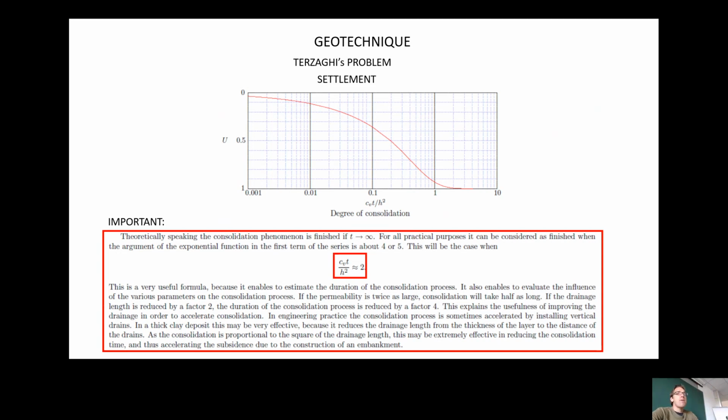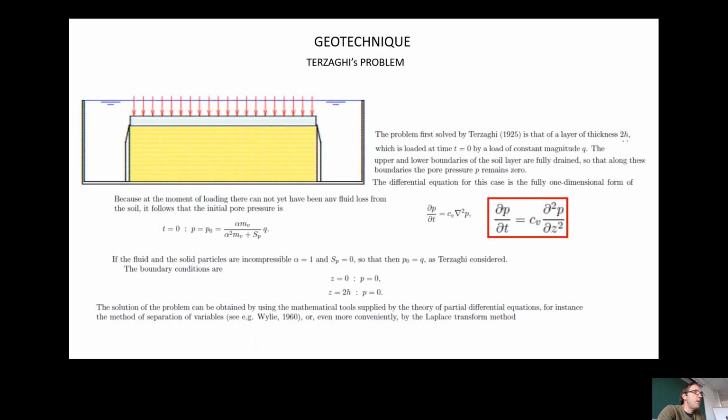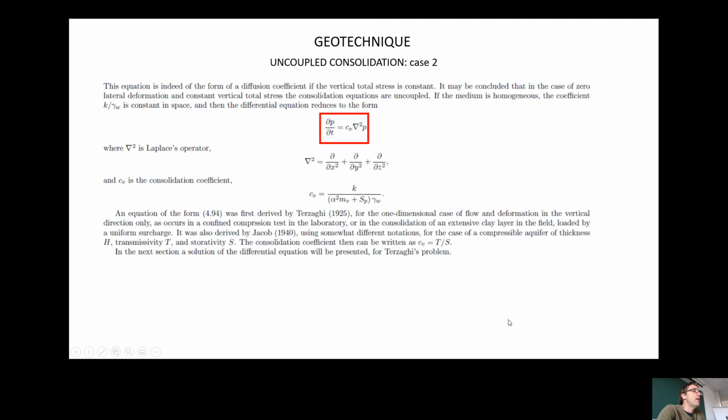So, for example, it depends on Cv. Cv, as we said, depends on k, e, mv, alpha, gamma_w. Gamma_w can be considered constant, but the others depend on the parameters of the soil.